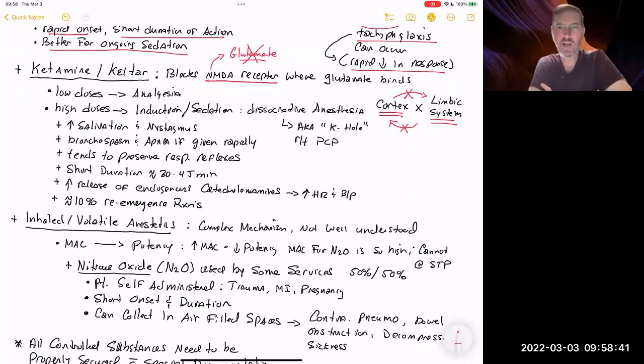And because it cuts that connection off, chemically speaking, of course, this is referred to as a dissociative anesthetic. And when you dissociate somebody, they may look like they're awake. Their eyes may be open, but they are not conscious. Their consciousness has essentially been separated.